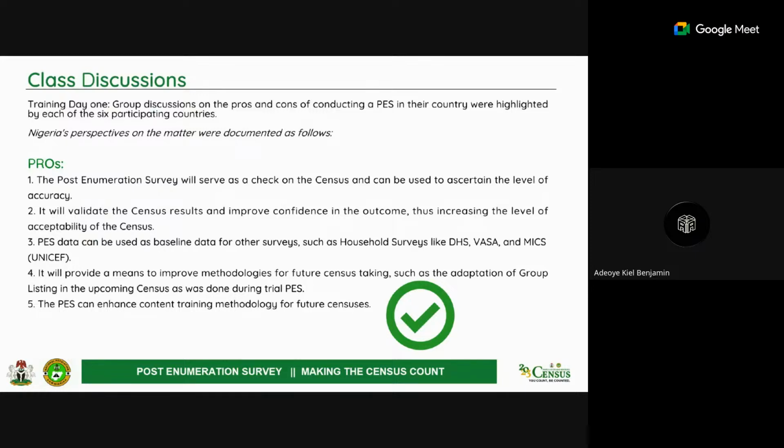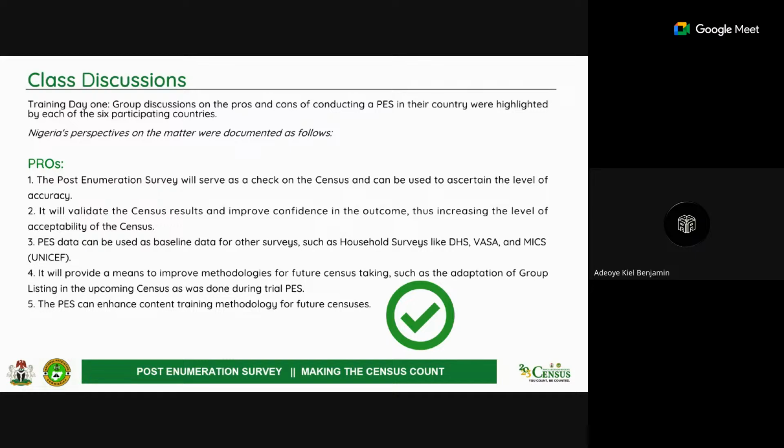What are the pros and cons for you in your country conducting a PES? That is, what are the positive things you feel you will achieve from a PES and utilize the resources well, that you are sure you can undertake? Then on the other hand, what are the cons that will stop you from carrying out an effective PES?